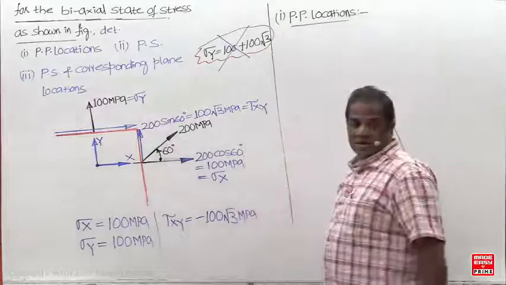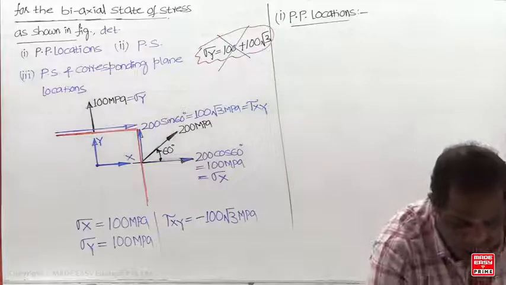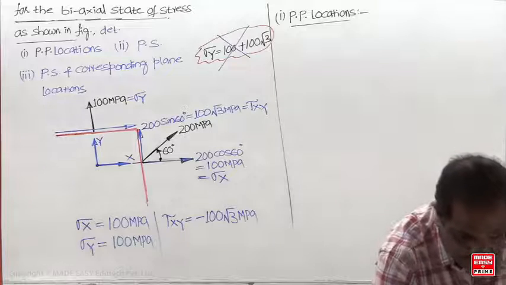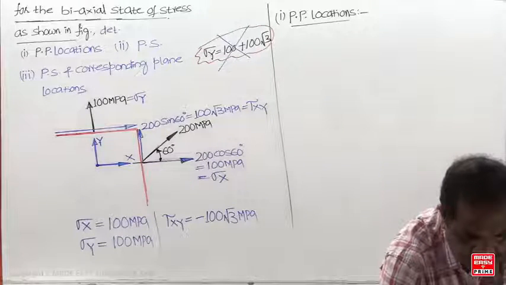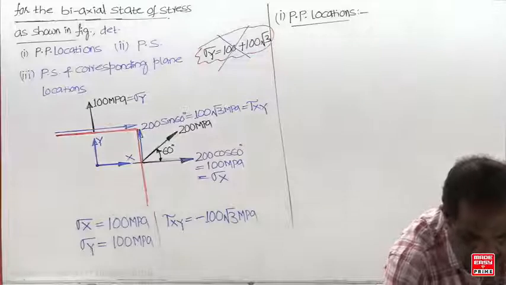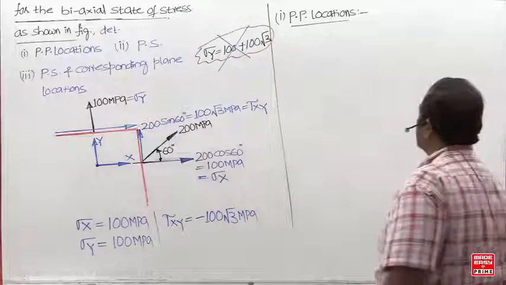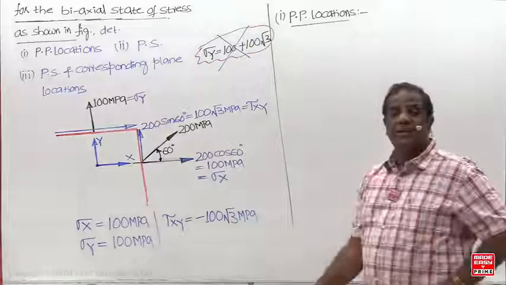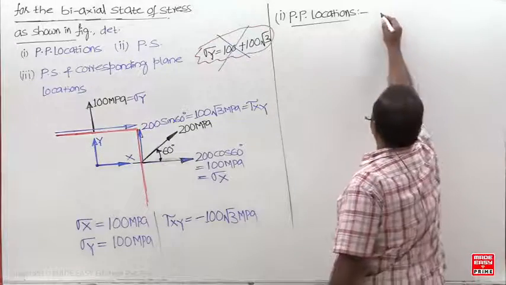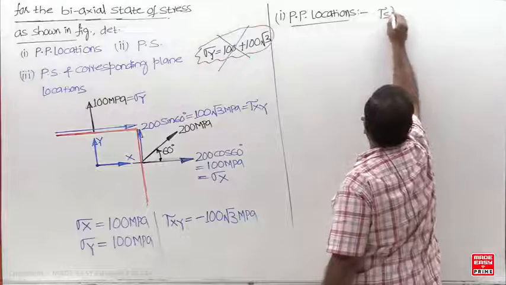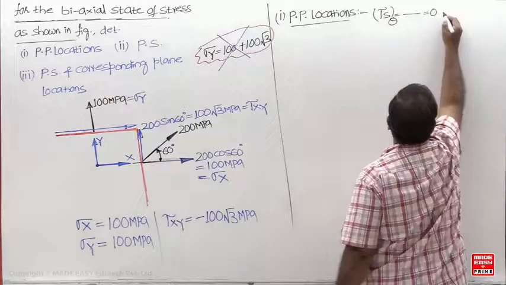If you remember, you just studied tan 2 theta equal to 2 tau xy upon sigma x minus sigma y. If you know the tan 2 theta equation, you can directly write it down. Otherwise, the actual method is to equate the tau equation to 0, or the other method you have studied.